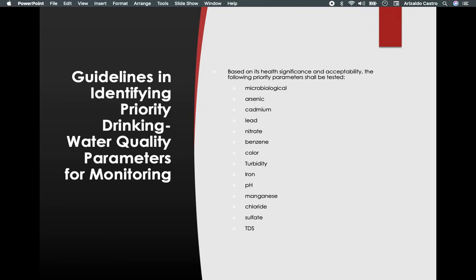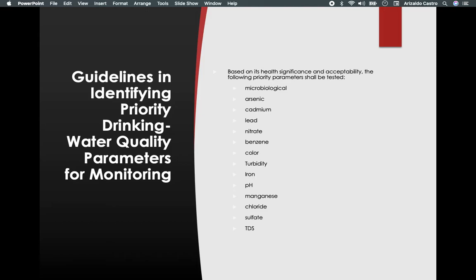The Department of Health, as well, in collaboration with the local government units of the different provinces and different regions in our country, they establish what we call a national standard for drinking water. There are a few qualities, a few parameters that we have to account for in order to identify if the quality of water is acceptable for drinking.